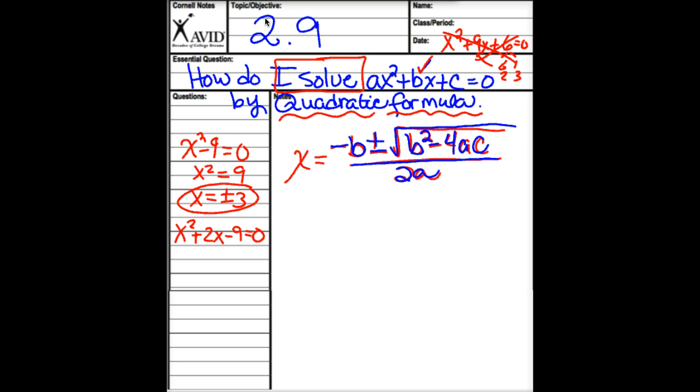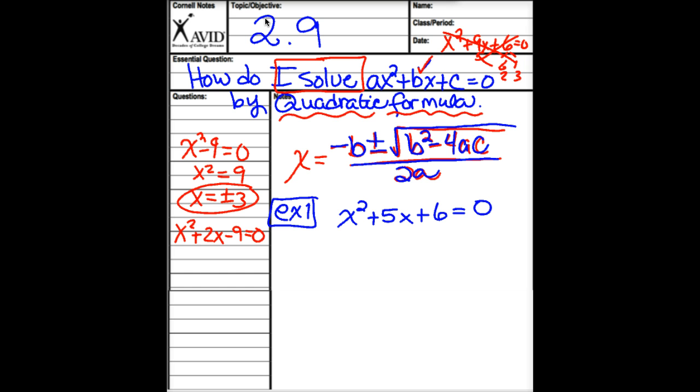And we're going to practice it. Are you ready? Example 1. Here we go. We're going to do x squared plus 5x plus 6 equals 0.